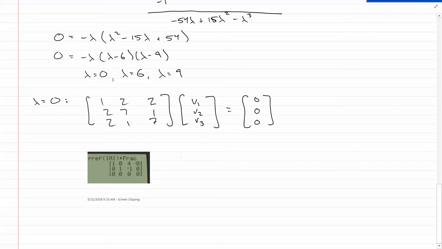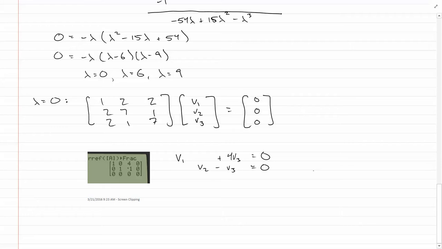And really, that corresponds to a system where V1 plus 4 V3 equals 0, and V2 minus V3 also equals 0. Okay, so there's going to be lots of solutions.